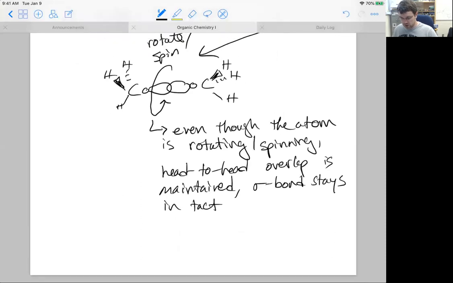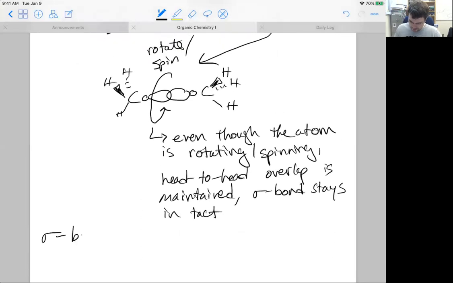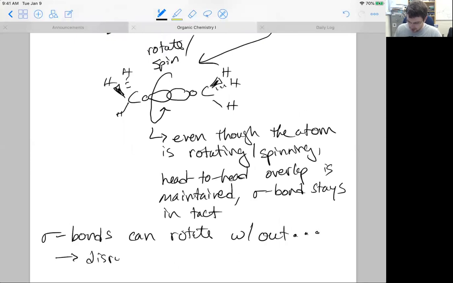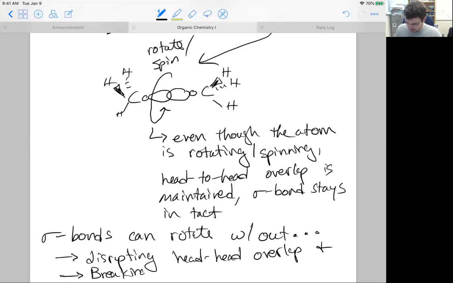So sigma bonds can rotate without disrupting head-to-head overlap and without breaking the sigma bond. Sorry to write this in sort of a negative tense.